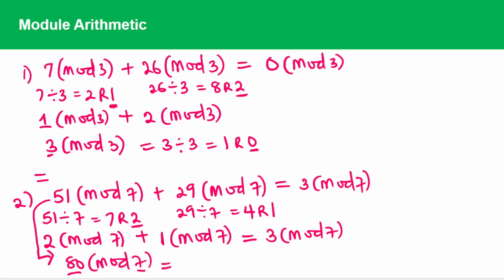So 80 divided by 7. How many 7s can we get? That will be 11, that's 77. So there will be a final remainder of 3. So 7 will go in 80 11 times, then remainder 3. So our final answer is 3 mod 7, just like we got using the first method.